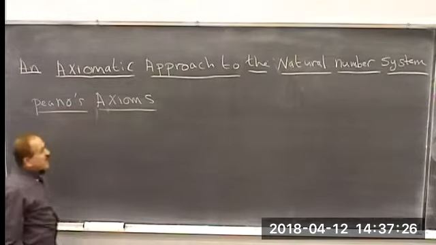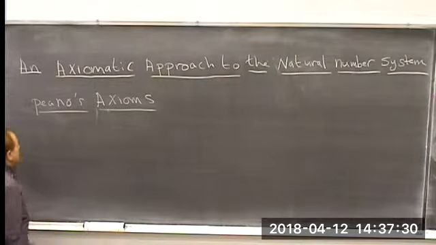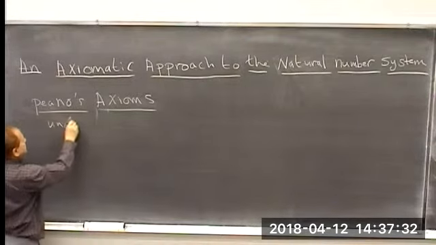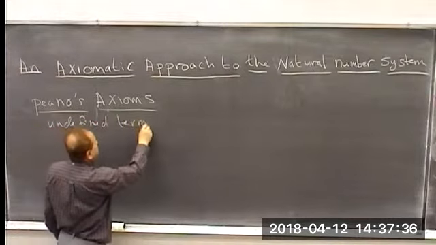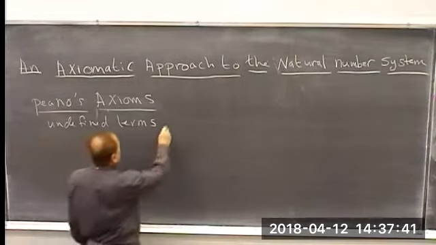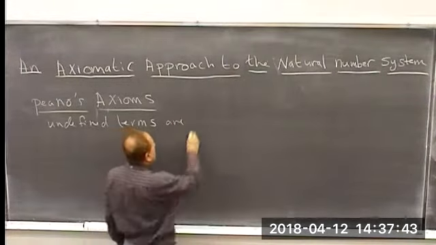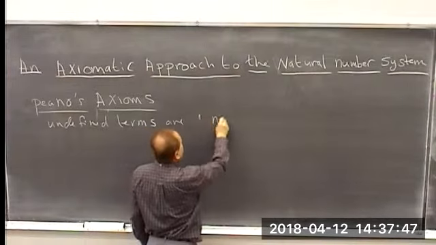So to start with, remember that we need some undefined terms. The undefined terms in this axiomatic approach to the natural numbers are: what do we mean by a natural number?